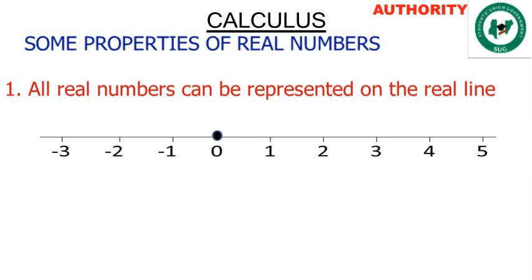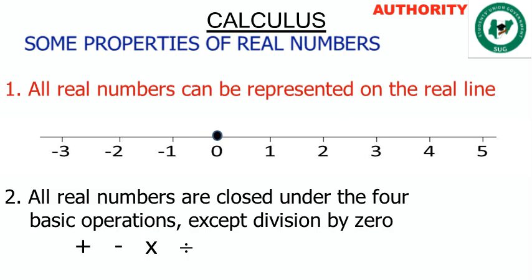Number two, all real numbers are closed under the four basic operations except division by 0. Now what is this talking about?